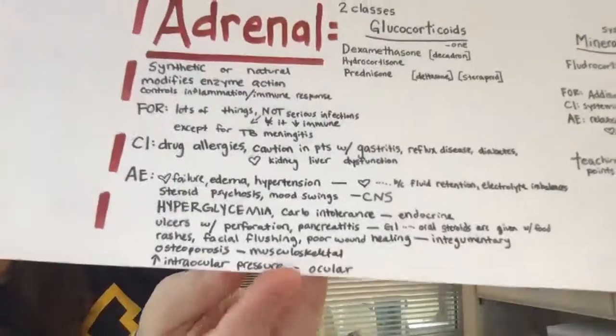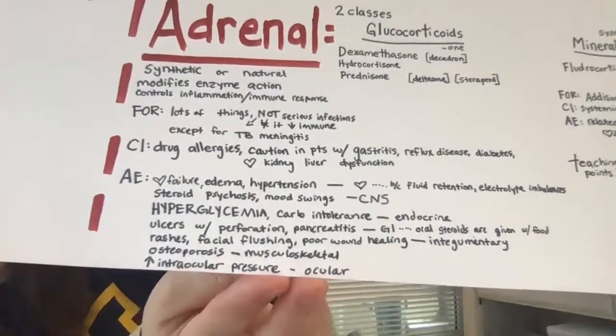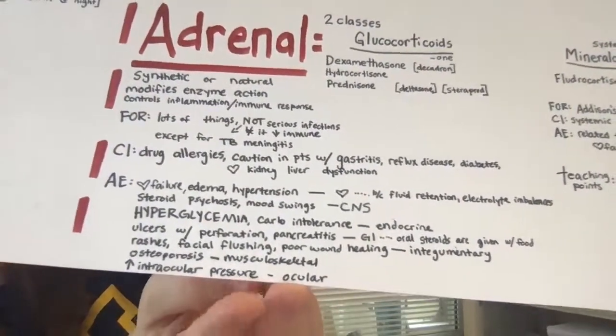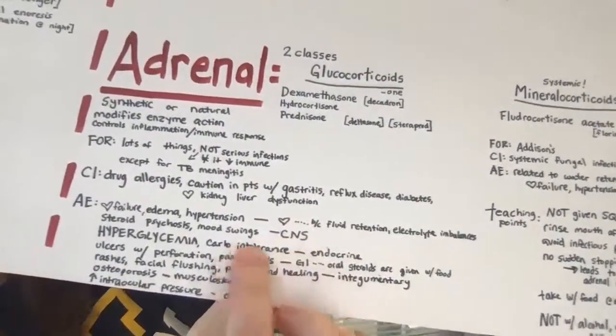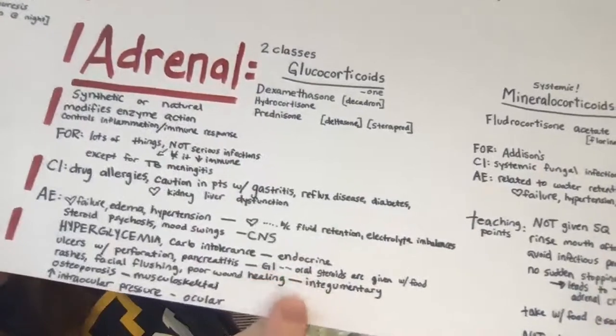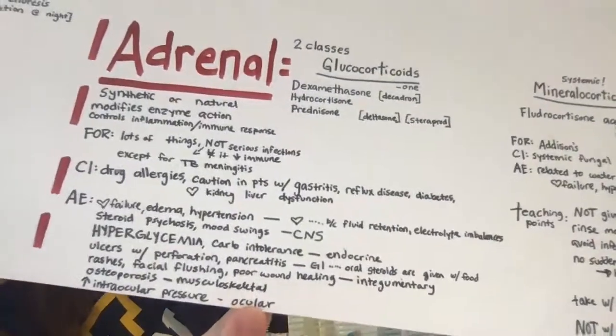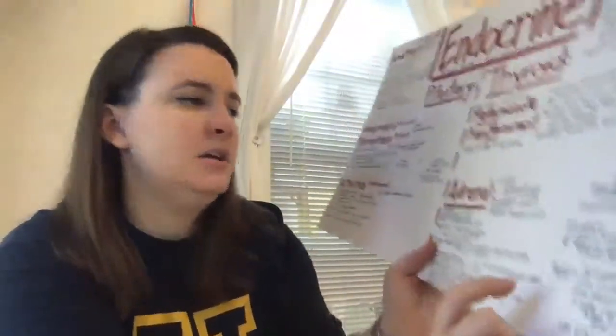So there's a whole lot of different things that can happen to your patient while they're taking adrenal drugs. They're all right here. This is the body system that it affects: endocrine, GI, integumentary, musculoskeletal, and then ocular. And there are a few teaching points for adrenal drugs: you don't give them SQ.